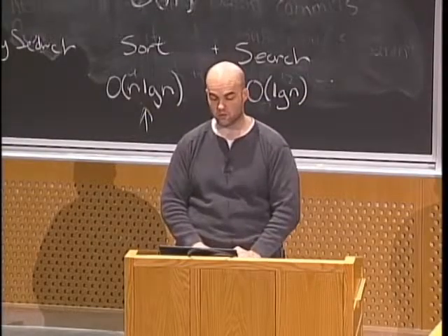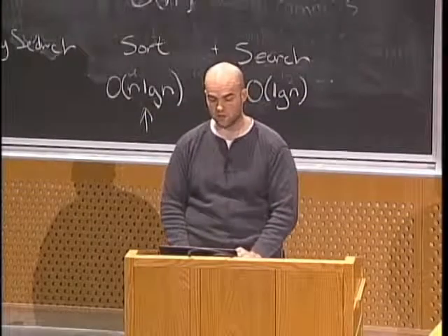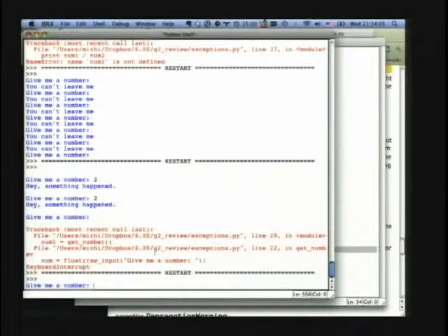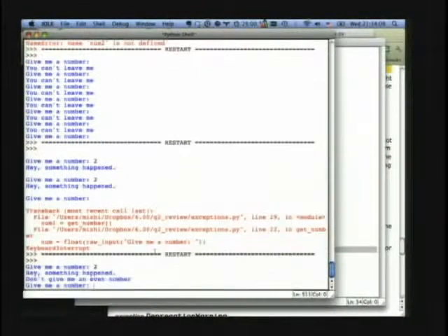So now I can retrieve it when the exception is raised. If I'm raising the exception, I can provide additional information. So that's the message that I put into the exception when I raised it.